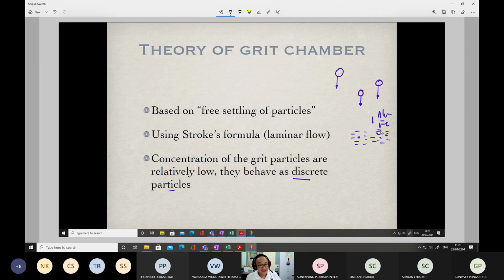And once we add these chemicals, what will happen? All the negative charge will be automatically neutralized.